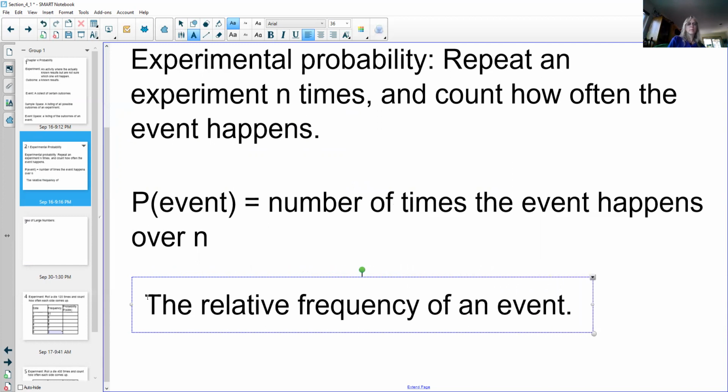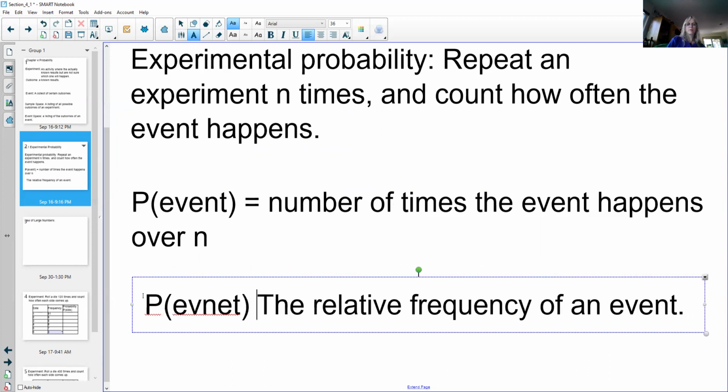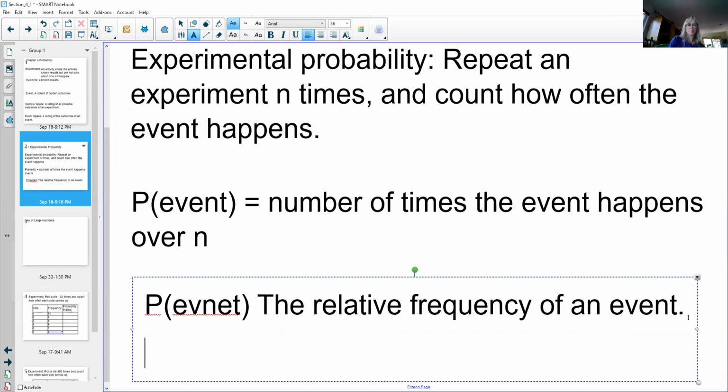So another way to think of probability is the relative frequency of an event. And what we mean by that is, again, it's the frequency of the event happening divided by n.